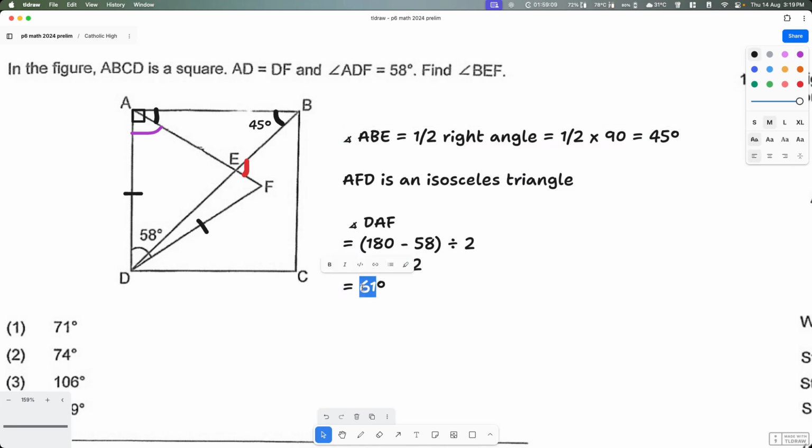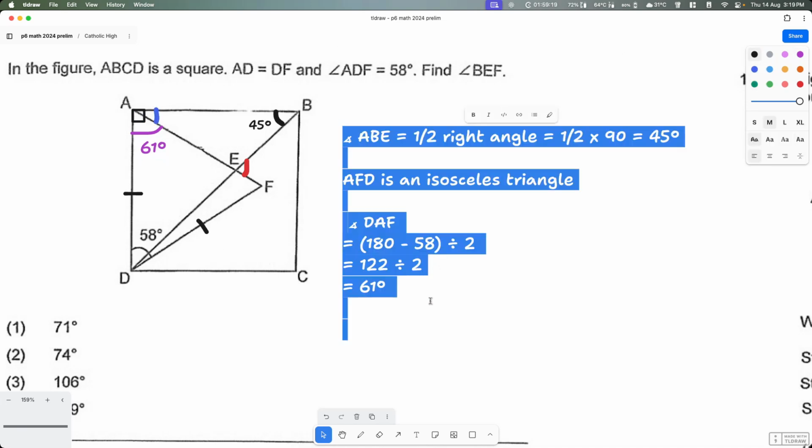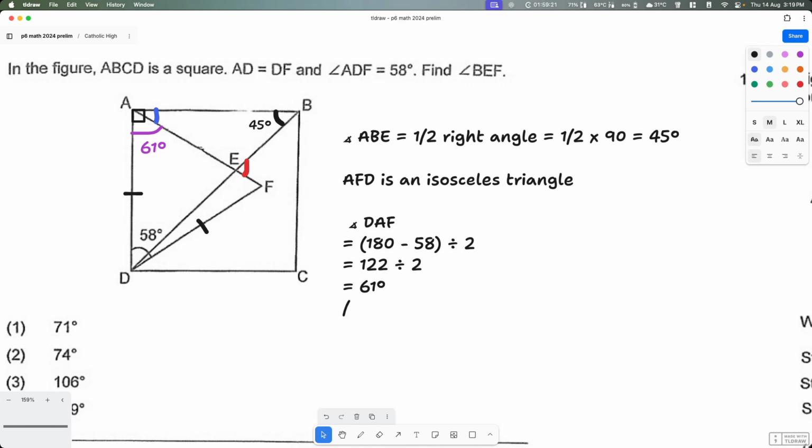So I'm gonna copy this and paste it over here, 61 degrees. So now we can get this little one, angle BAE, which is equal to 90 minus 61, and this will give us 29 degrees. So I'm gonna put here 29.